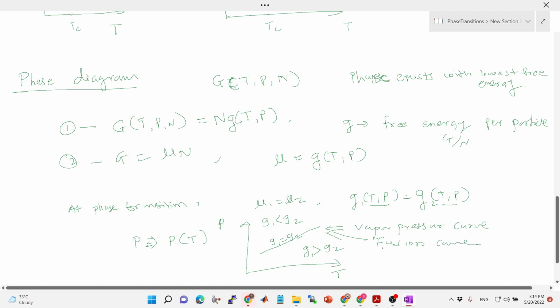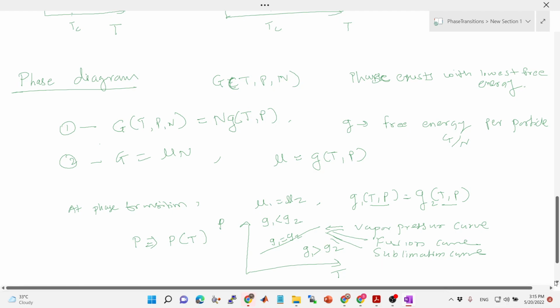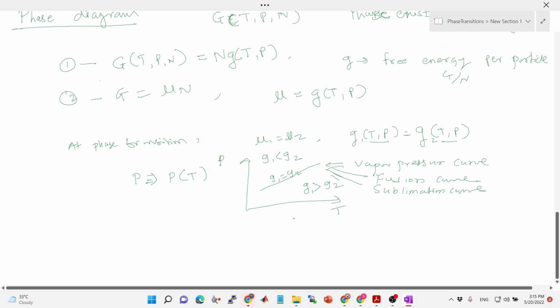And you can also have solid to vapor, in which case it is called sublimation. Depending on which two phases are involved, you can call this curve a vapor pressure curve, fusion curve, or sublimation curve. This diagram of pressure versus temperature is what we call the phase diagram.